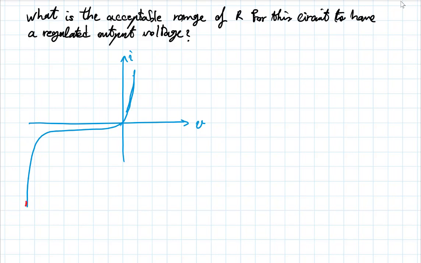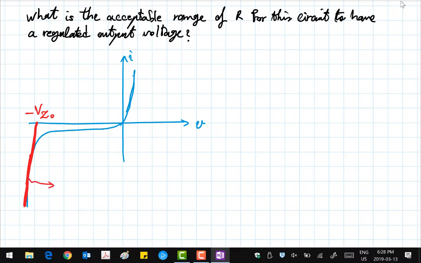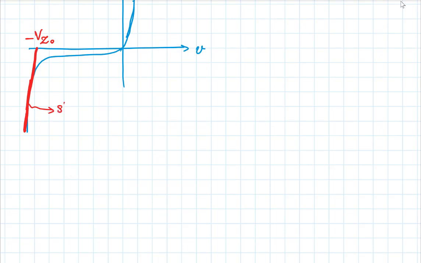And this is what you are representing with a straight line. Okay, and this straight line has these parameters, minus Vz naught here, and then it has the slope one over Rz.